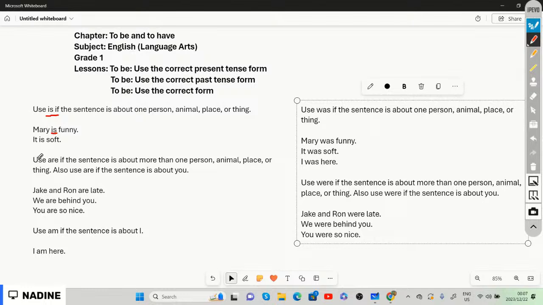So we could say John is funny, the boy is funny, the girl is funny, because we're referring to one specific person. Even if we just mention a thing, we can say it is funny, because it, Mary, John, the boy, or the girl only refers to one person, animal, place, or thing.